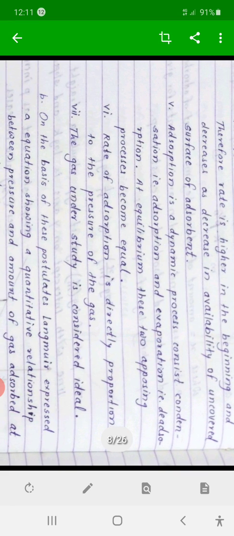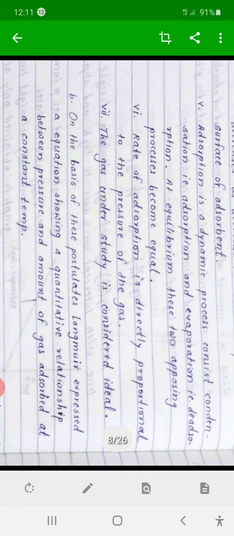That is, it consists of condensation, that is adsorption, and evaporation, that is desorption. At equilibrium, the rates of these two processes become equal.